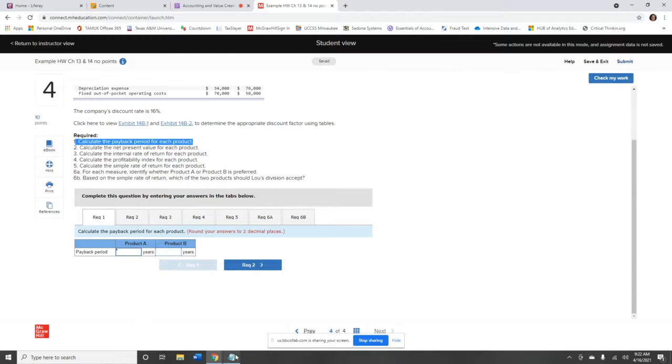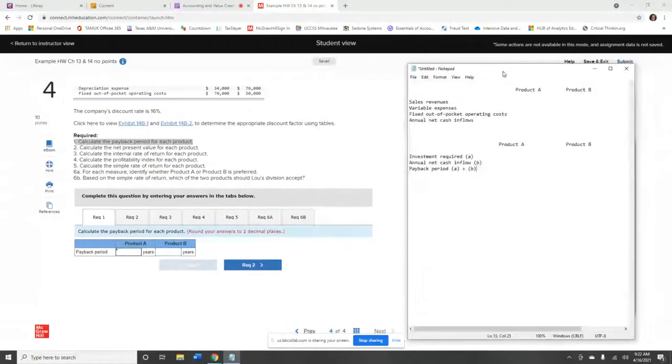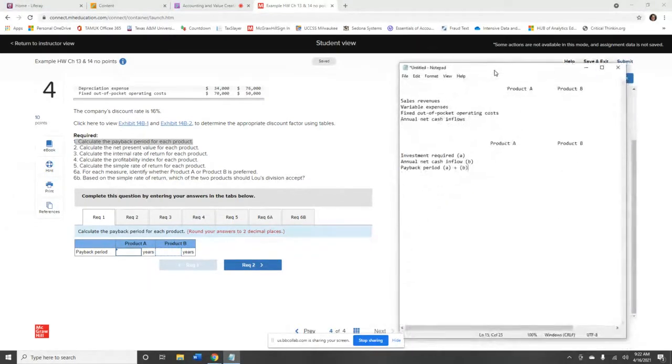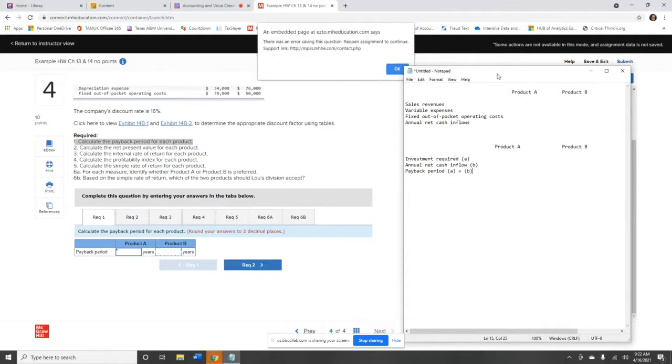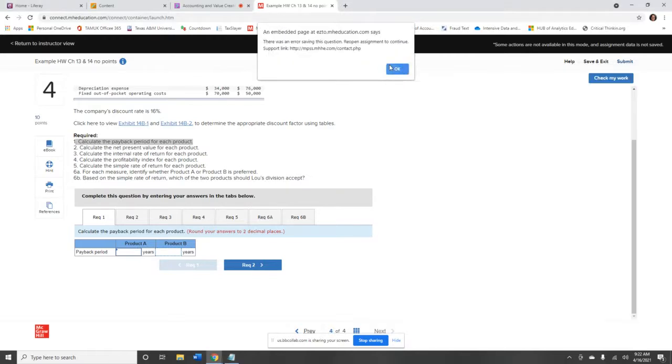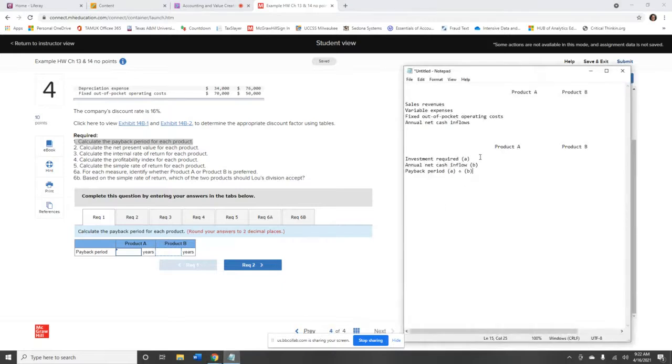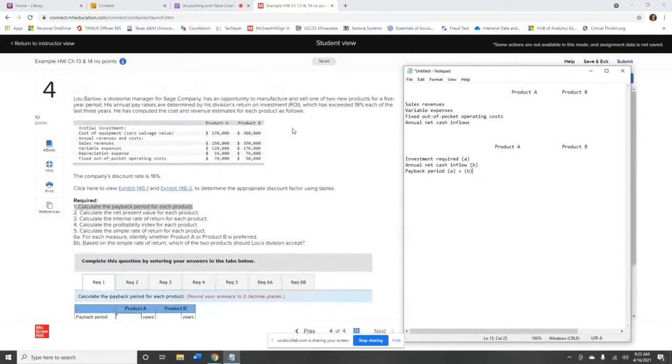So payback period is a very crude way of doing a decision. Might work. It does not consider the time value of money, so that's an issue with it. But if you just want a real quick rule of thumb, something like I have to decide immediately, maybe do something like that. So what I would suggest is we're going to start out with calculating.